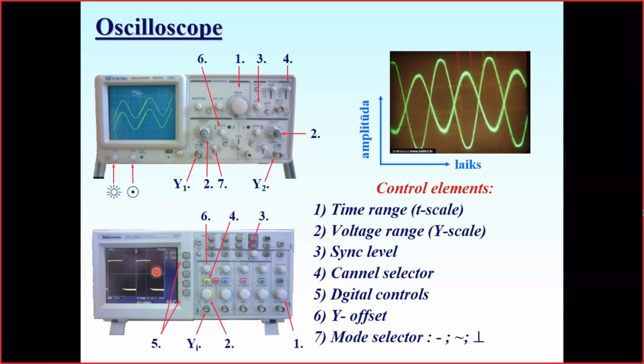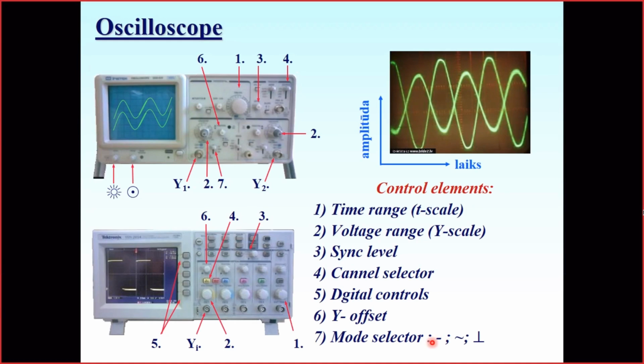So we could move not only the Y offset, it could be the time offset too. We could move the whole picture up or down, left or right, to make it more convenient to observe. And there is a mode selector which allows us to select how the scope works with AC and DC signals. So we have a DC mode.